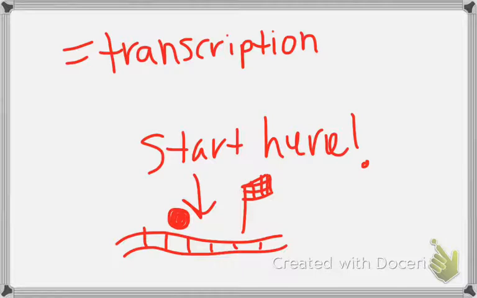Alright, also know, number 4, you can have things that make transcription stop or start. If you stop transcription from happening, we say that you turn off the operon, like you turn off the lights with a light switch. Or you can turn on transcription. You can turn on the operon, like you turn on the light switch.